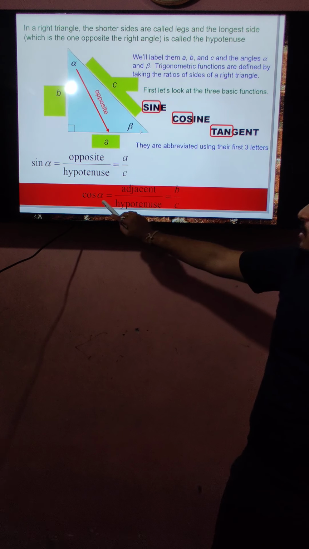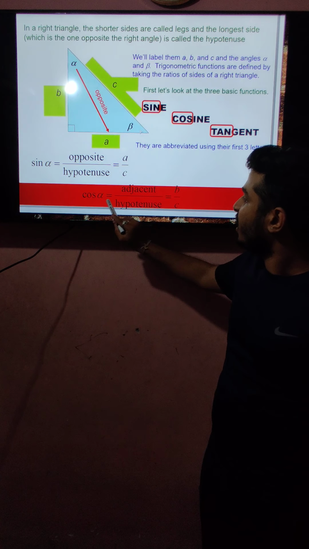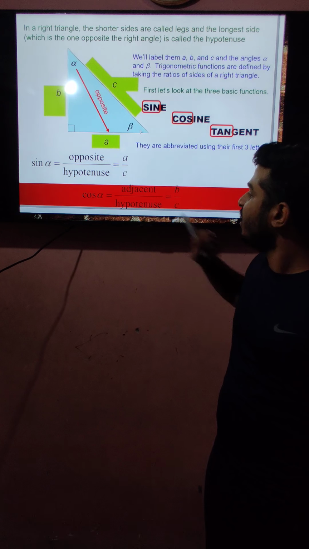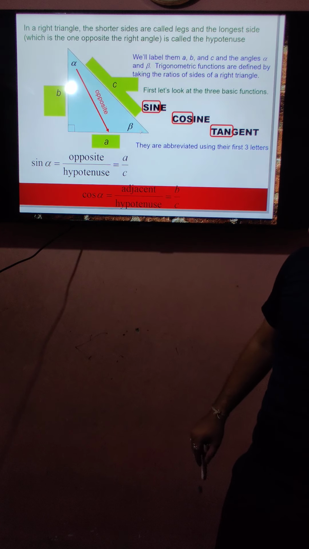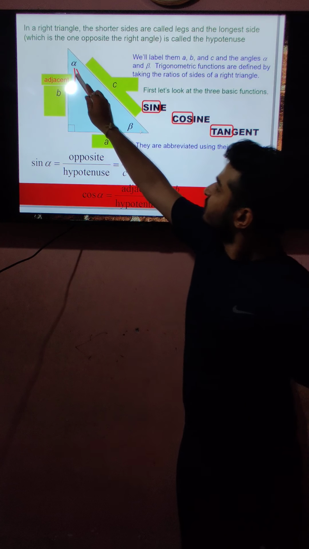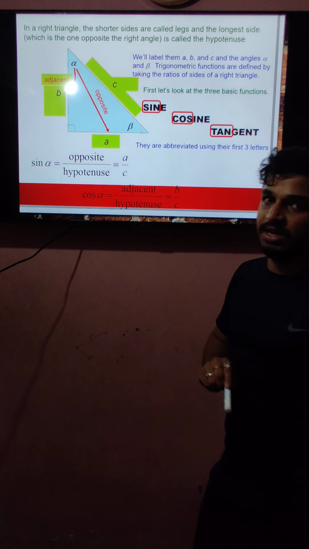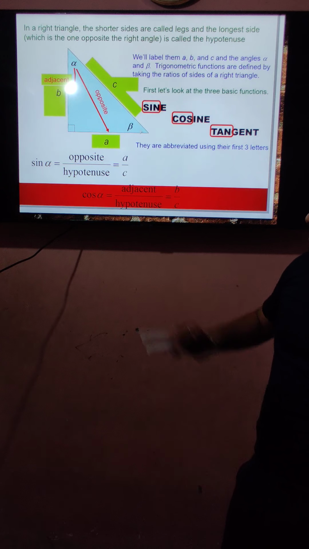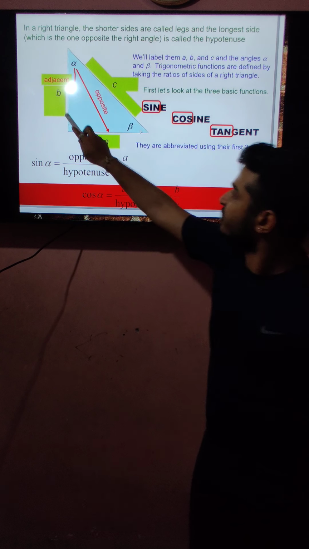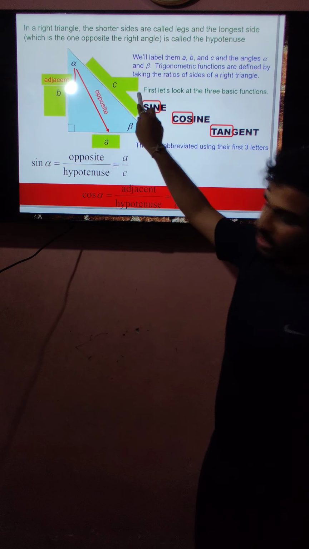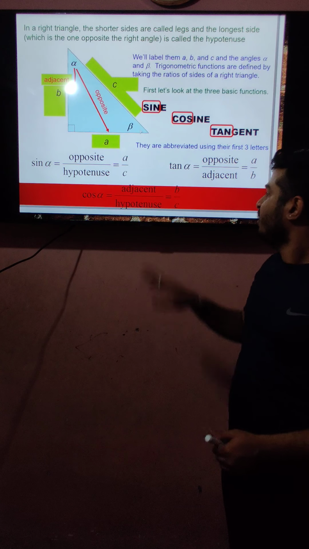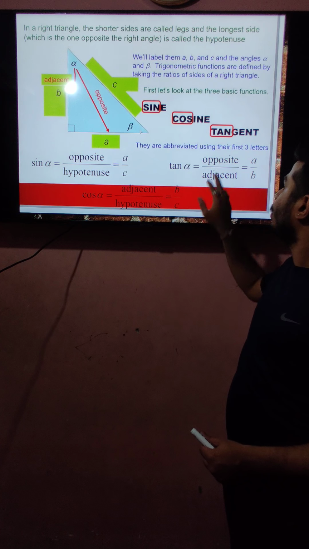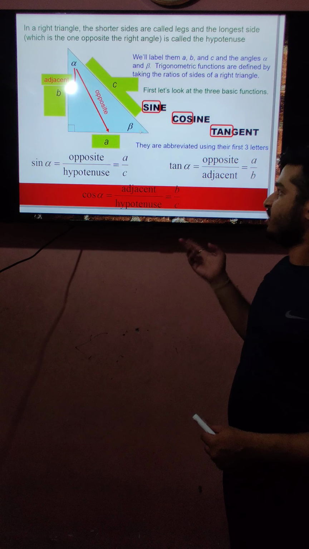So now cos alpha is equal to adjacent by hypotenuse. Which is the adjacent? The other side is adjacent. Adjacent side is B divided by C. Now tan alpha is equal to opposite divided by adjacent.